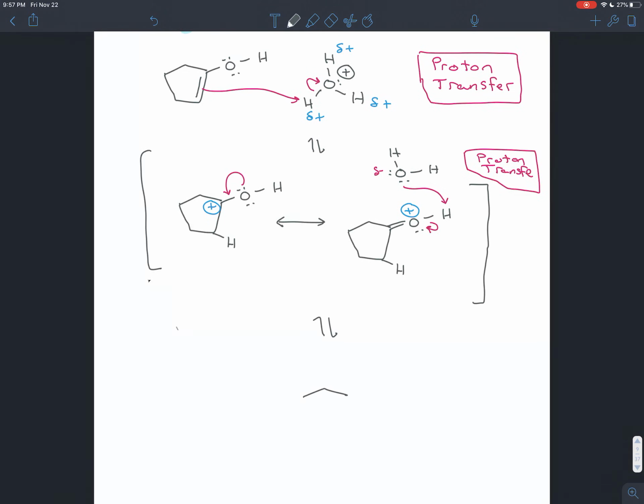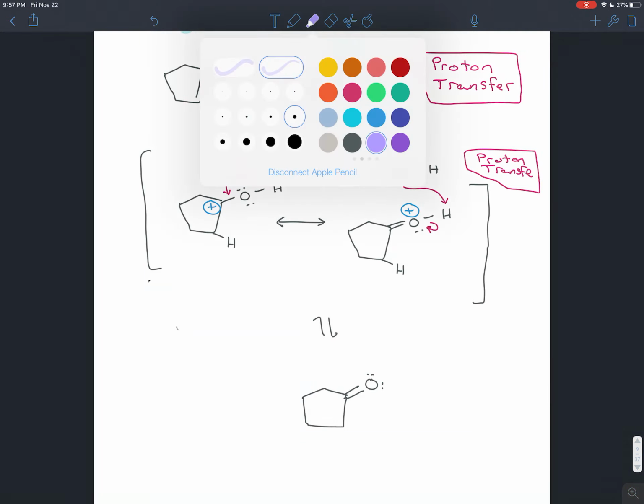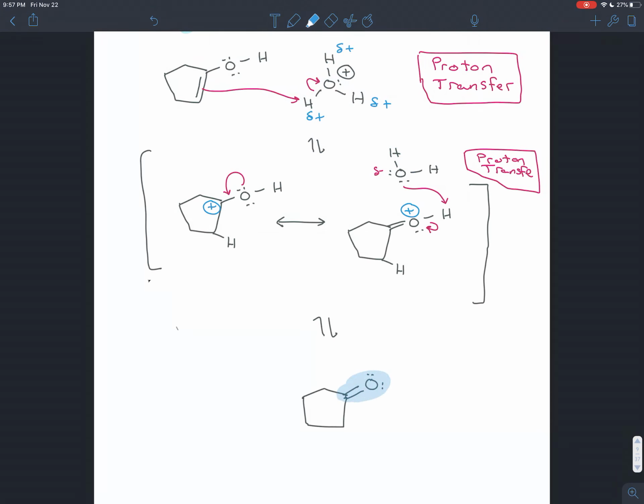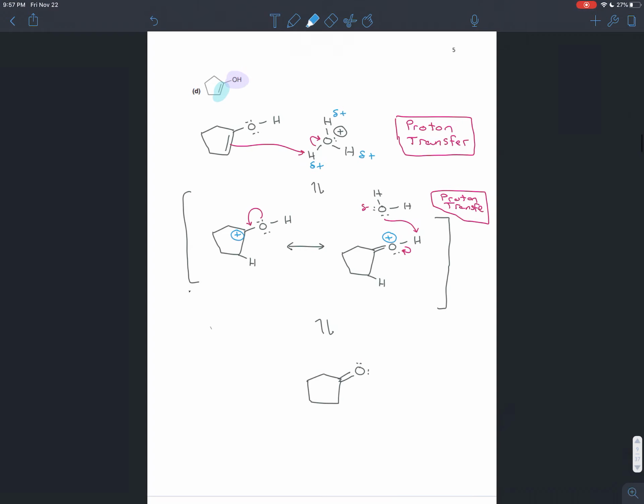So what you end up with at this point is this molecule here. And you'll recognize that as a ketone. So that's this after that step. That's a ketone. You have a carbon double bonded to an oxygen, and that carbon is bonded to carbons on both sides. So we have keto-enol tautomerism.